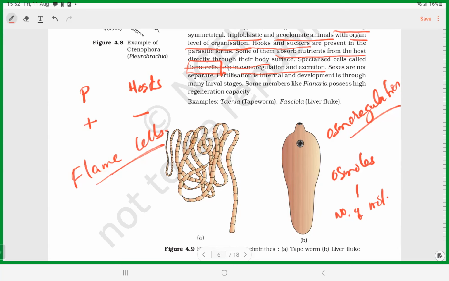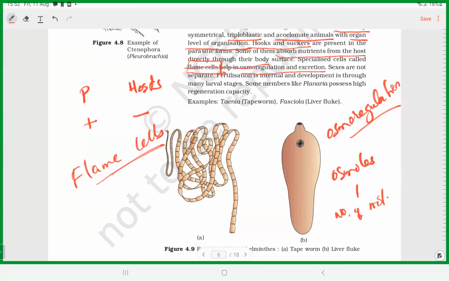Osmoregulation means control. So osmoregulation means the flame cell supports maintenance of molecules, nutrient level or other substance level within its system. So that property is called what? Osmoregulation. So flame cells are involved in osmoregulation and excretion. So that's the important thing you should know.